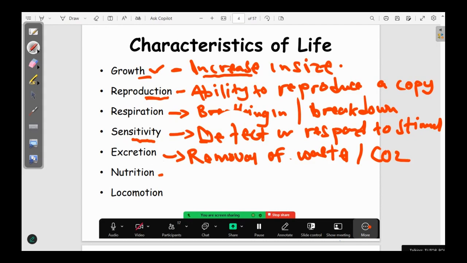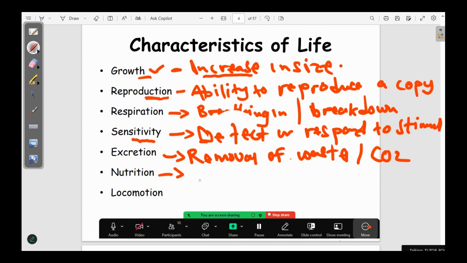The second last one is what? Nutrition. As long as a thing is a living thing, it has to eat, guys, otherwise it won't survive. The cells will be starved of food. They won't have the energy to do anything. So nutrition is a very important characteristic.